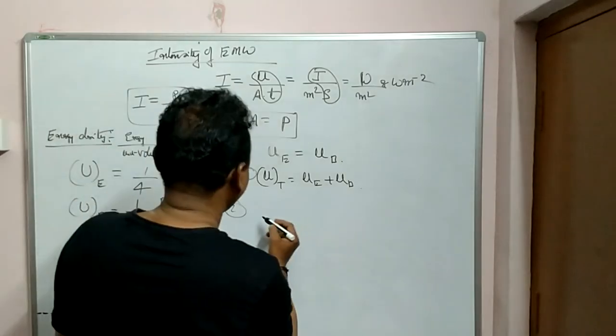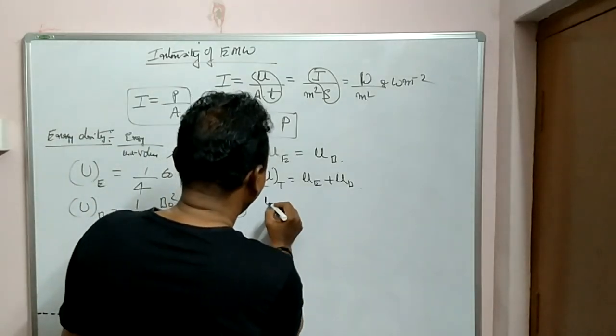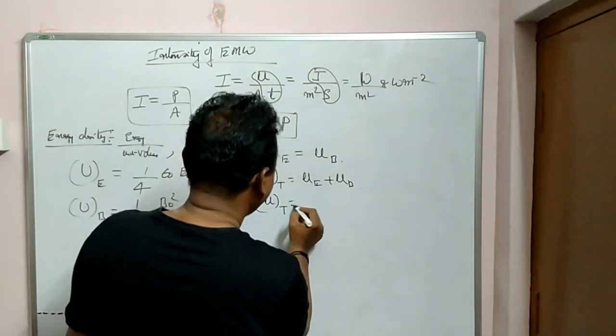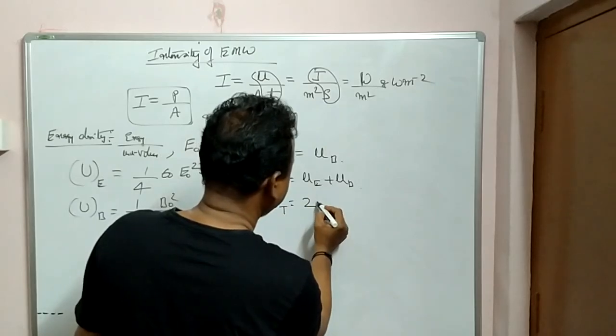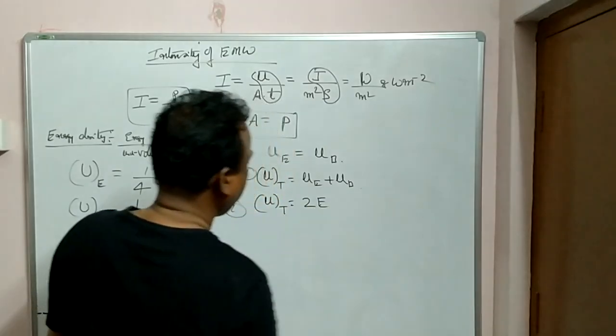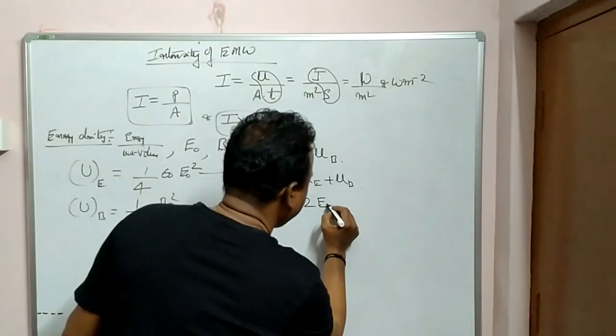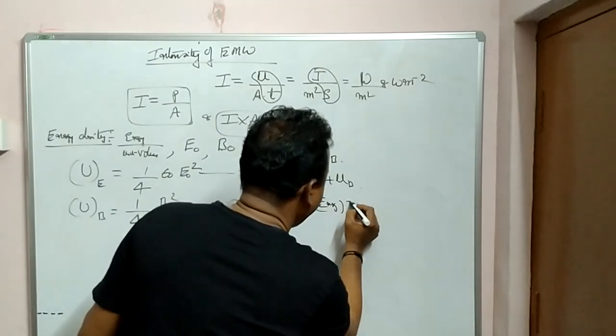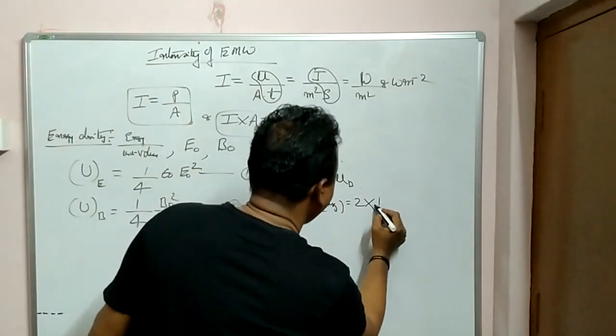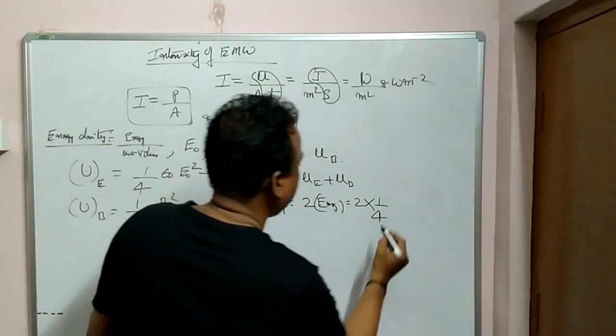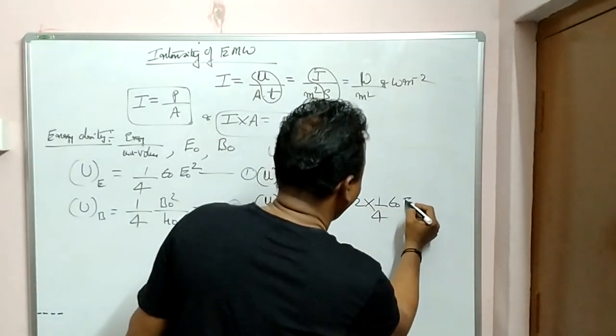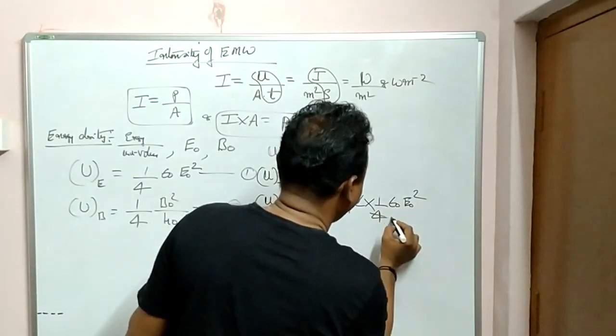So what we will take is generally total energy is equal to 2 times the energy. So that I can write as 2 into 1 by 4 epsilon naught E naught square.